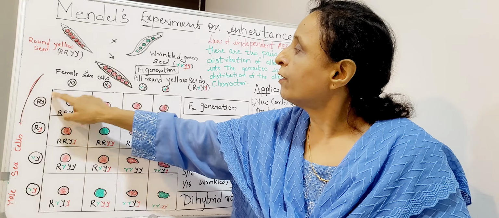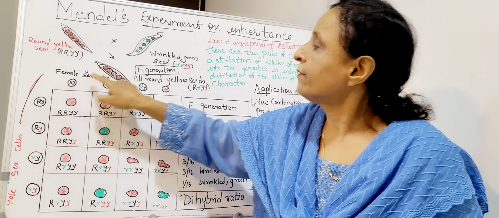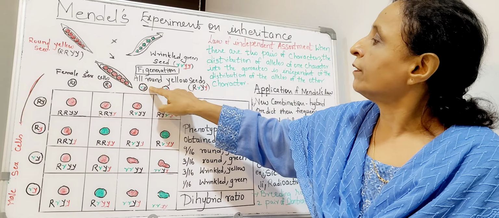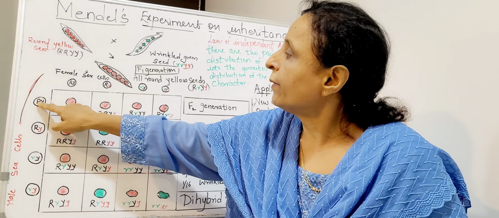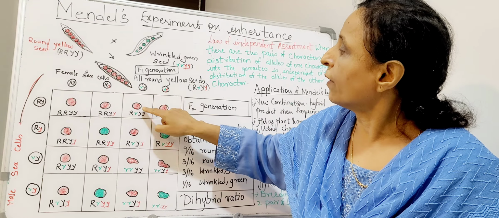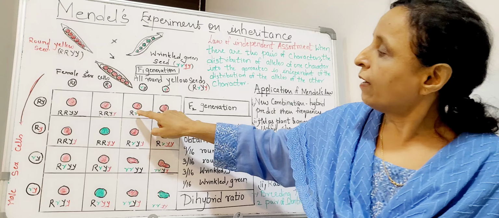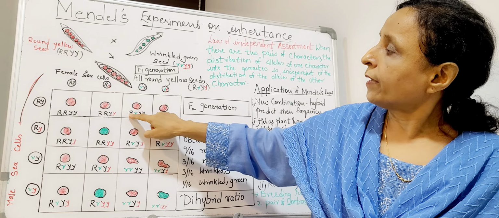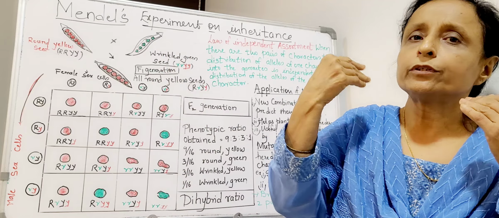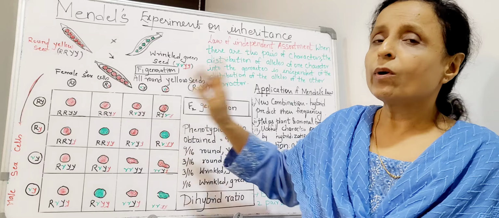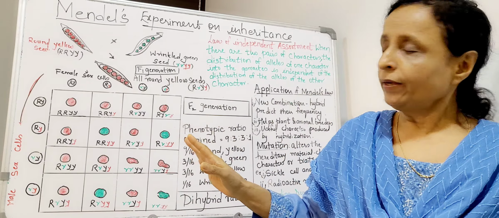So the first combination has taken place, the second combination has taken place. Let's see about the third combination. Capital R, capital Y with small r, capital Y gives capital R, small r, capital Y, capital Y. Capital R is present, so it is going to be round and smooth, and capital Y is present, so it is going to be yellow.